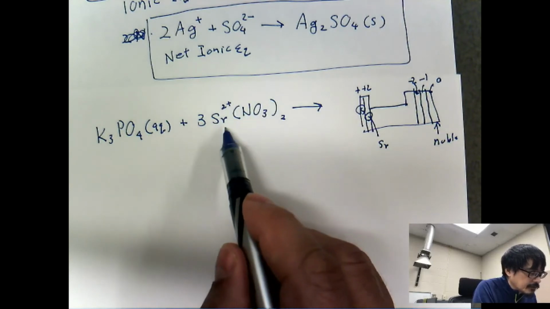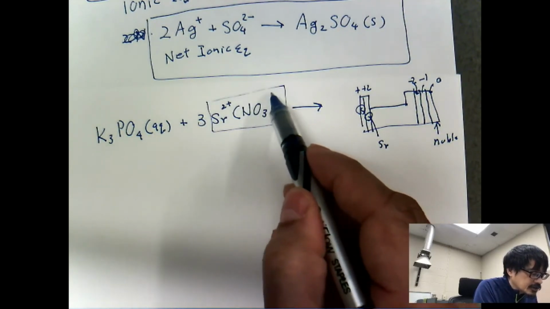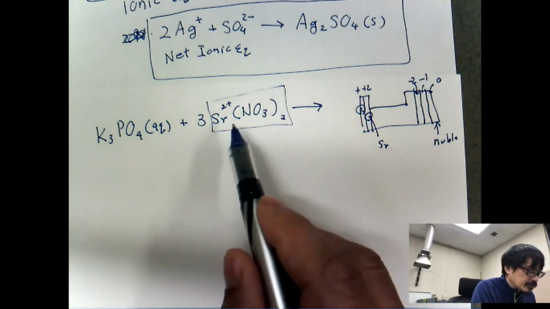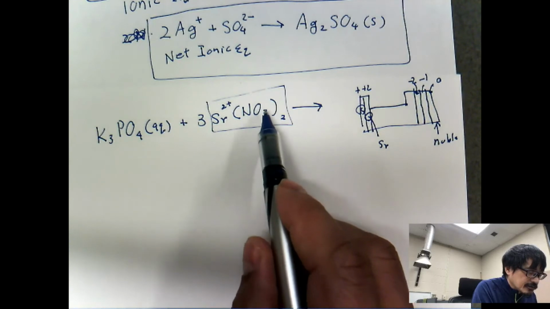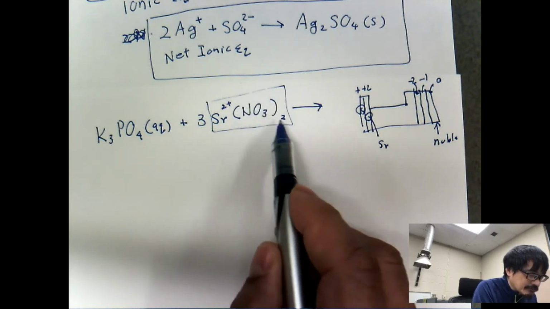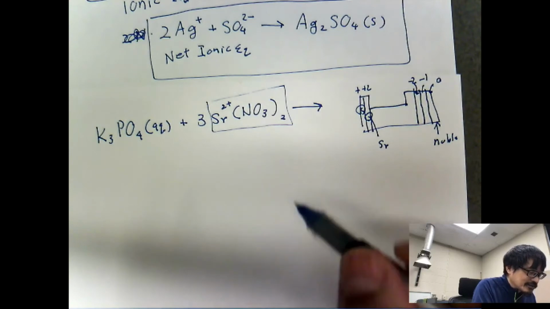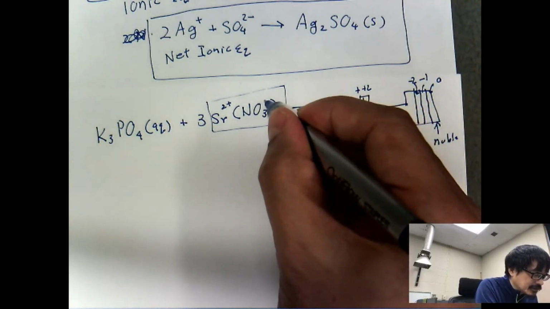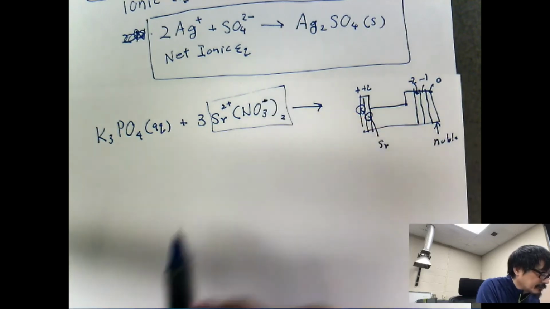If the whole thing has 0 charge, right? So if you have 2 plus on one side, you have to have 2 negative on this side, right? But 2 negative by adding 2 units of this guy, right? So each one of these is going to be negatively charged, just single negative, right?